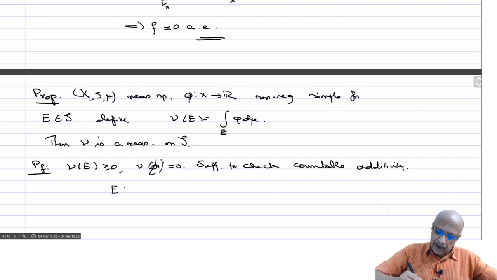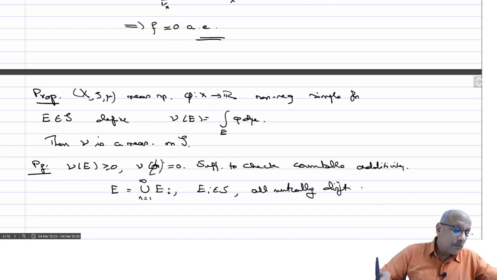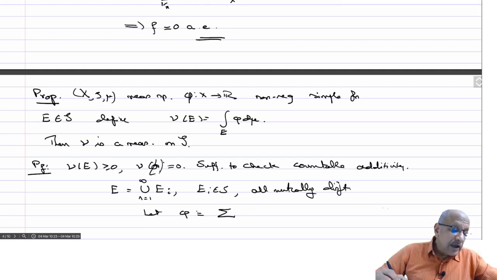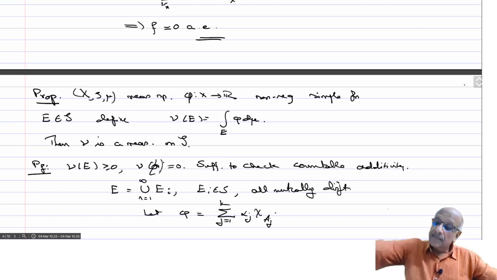So let E equal the union over n equals 1 to infinity of E_i, with E_i in S, all mutually disjoint. Let phi be given by the sum over j equals 1 to k of alpha_j chi of A_j.